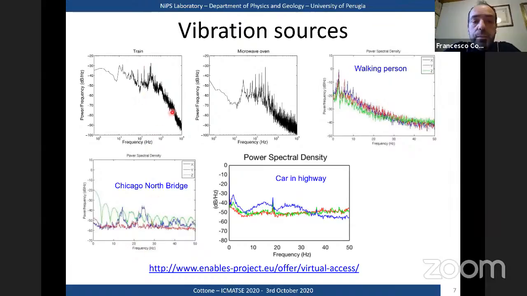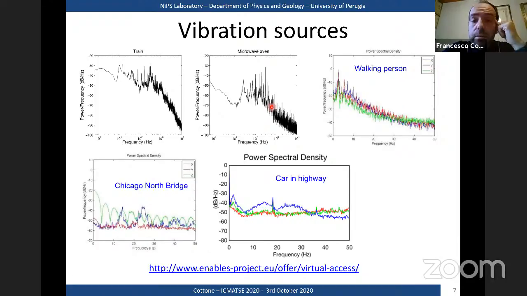So we need to design our vibration energy harvester to be efficient at low frequency, let's say from a few hertz up to 100 or 300 hertz.